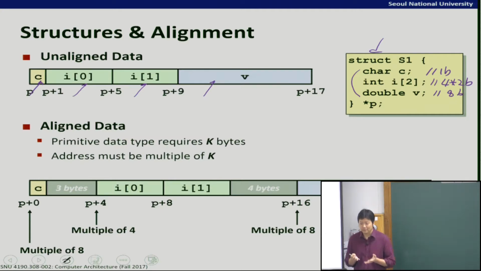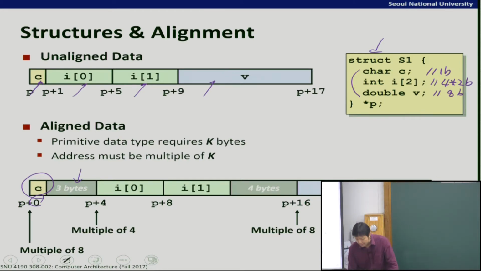Why? What's the point? If you look at the actual generated code, the compiler will place those fields like this. The first field starts at offset 0, and then there are 3 empty bytes, not used.